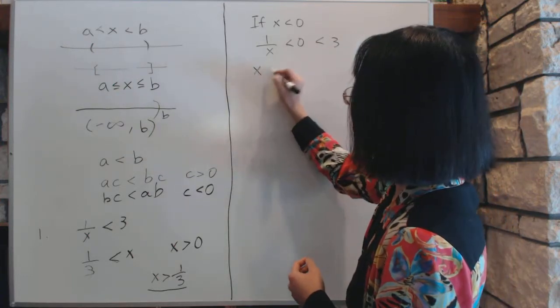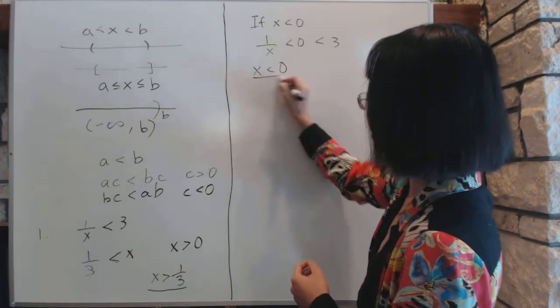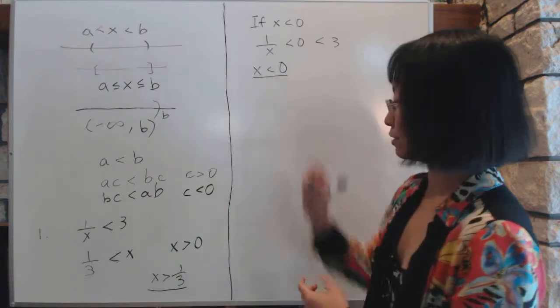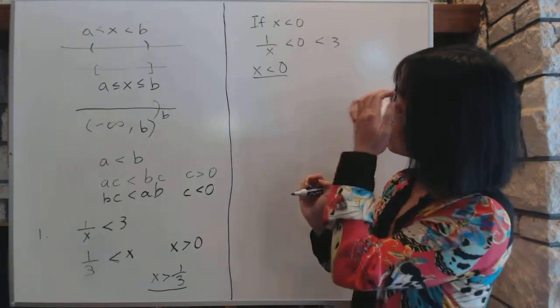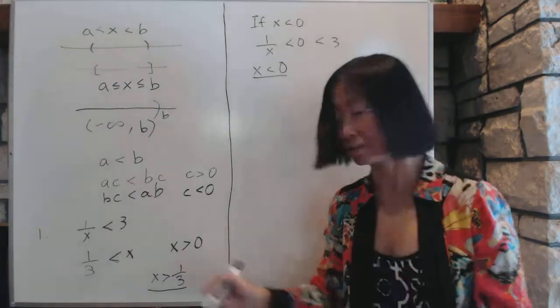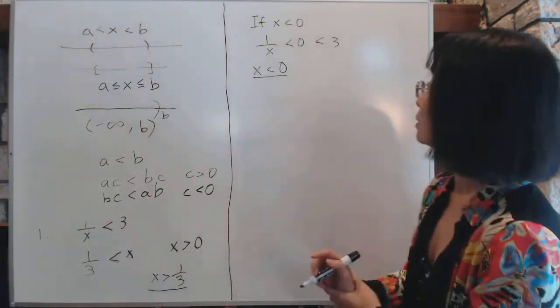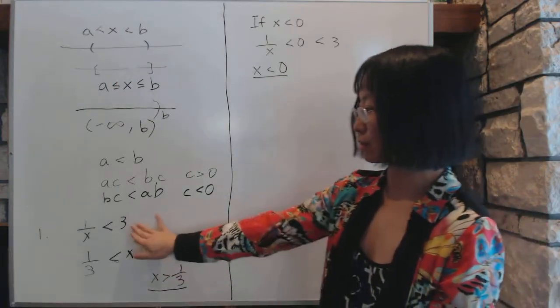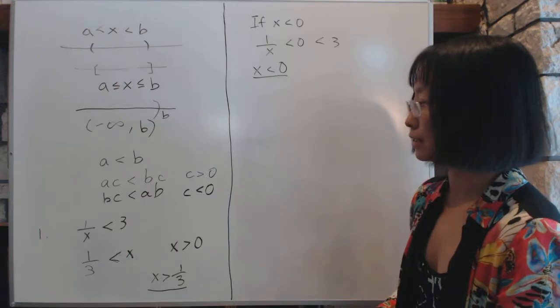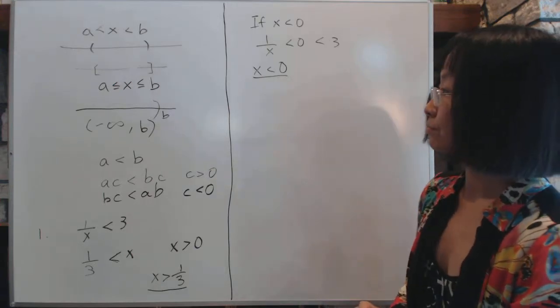Therefore, x less than 0 is the other part of the answer. So we have two parts, bigger than 1/3 and less than 0. Those are your only solutions. x cannot be 0 because then the fraction will be not defined. So these two together will be the complete answer of the inequality 1 over x less than 3.